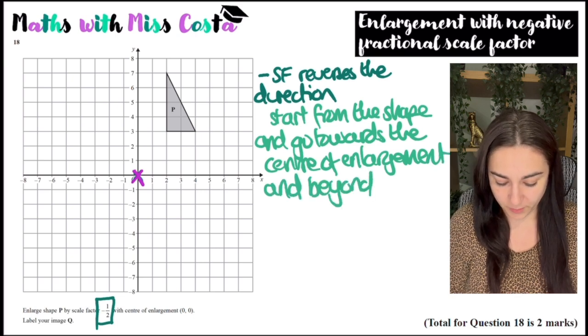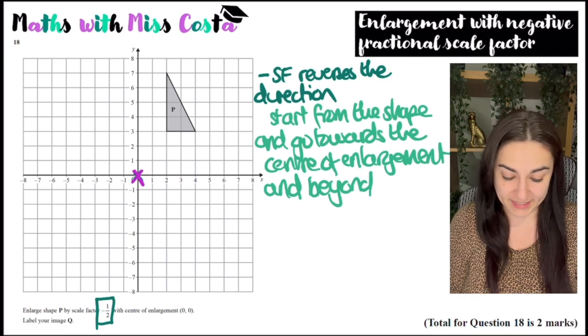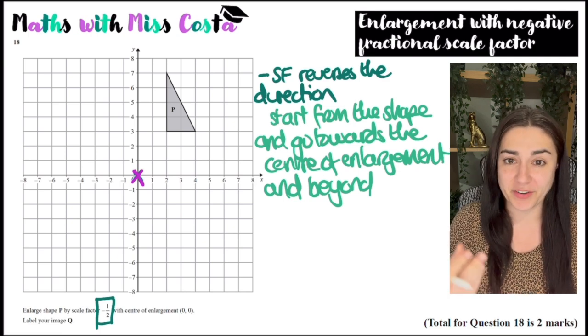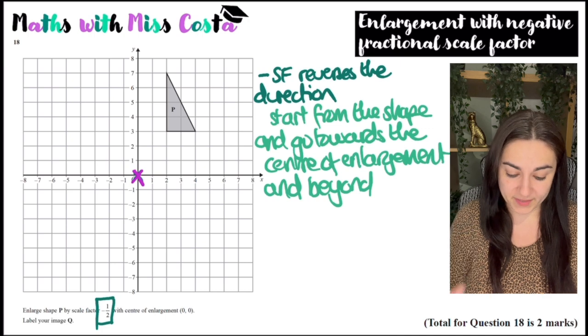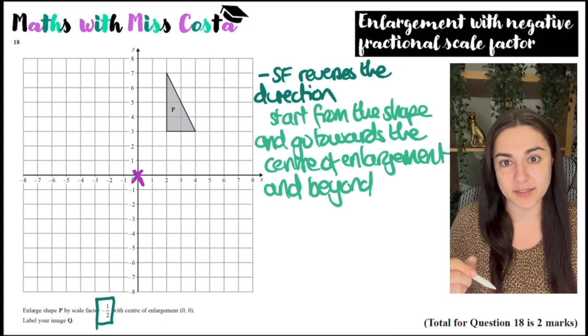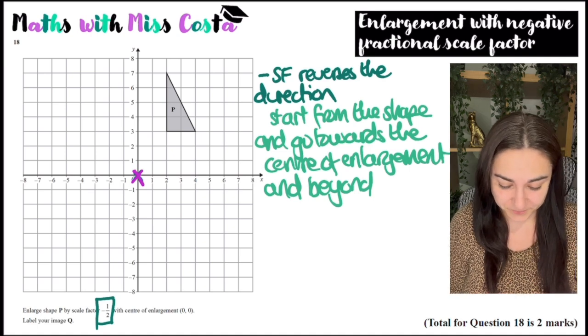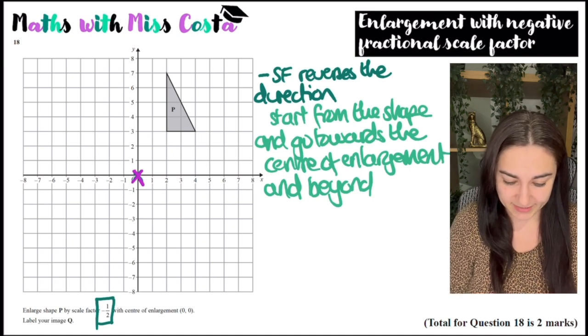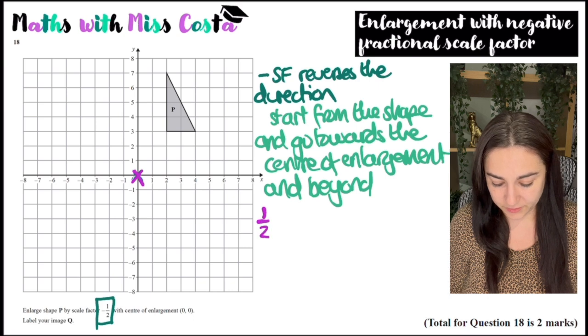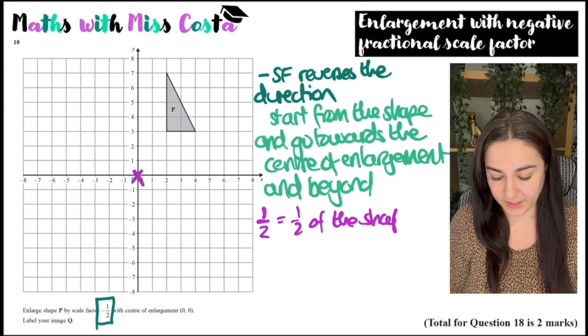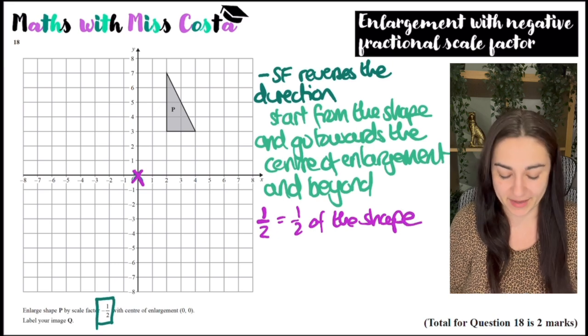And then a fractional part, well, a half just means that whatever the shape is, it's now going to be a half of that. And whatever the distance from the shape to the center of enlargement is, it's going to be half of that on the other side. So let's put this into practice. Fractional just means half of the shape, so each side is going to be half of its original length.